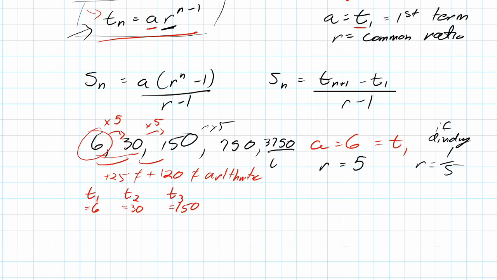We're looking for our T5, our 5th term, and what's the value of it? Well, we take the very first term, which in this case happens to be 6, and then we have our common ratio, which is the number 5, to the power of whatever term we're looking for, which is the 5th term, minus 1. So that power there is 6 times 5 to the power of 4. 5 to the power of 4, you're going to have to help me.